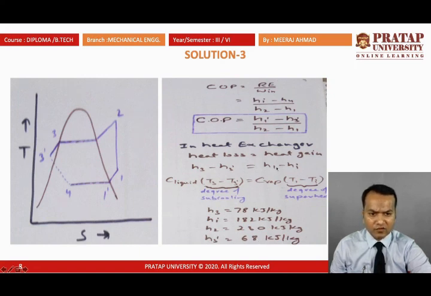Here we have to find the H1 value, because in the COP formula, once you find H1, you can get the COP. H1 dash, H3 dash and H2 are given in the problem. Using this formula you have to find H1.